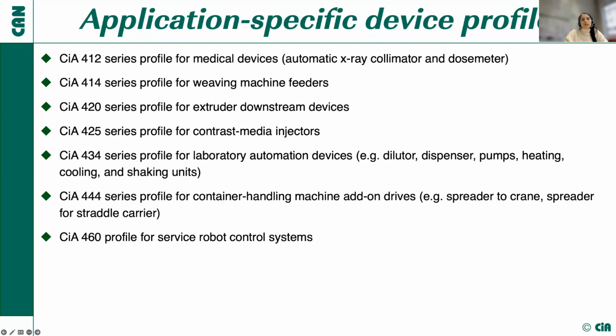And here is also the list of the application specific device profiles that we have, in medical devices, also in weaving machine feeders, and for example, in the medical industry, we have contrast media injectors, and also we have one for service robot control systems and other profiles that you can see.